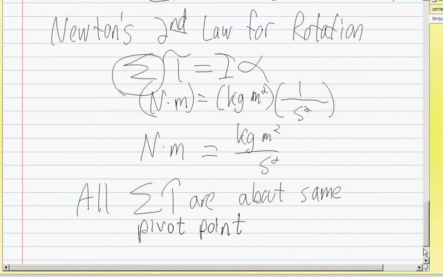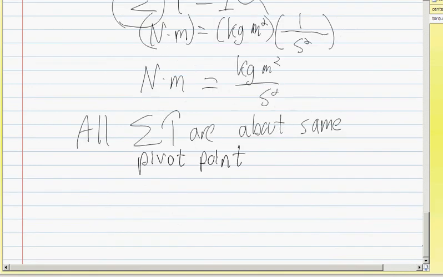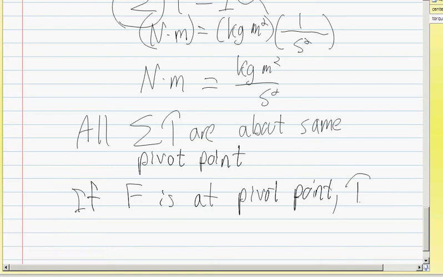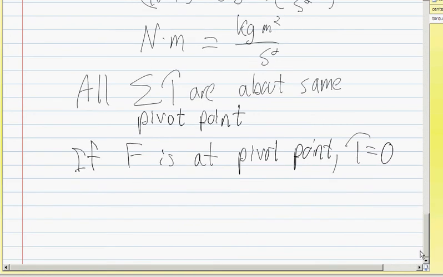You can choose whatever pivot point you like, but they all have to be about that same pivot point. So be careful. Remember, if a force is at the pivot point, its torque is going to be 0. So judicious placement of the pivot point can actually help you ignore forces that you don't know.